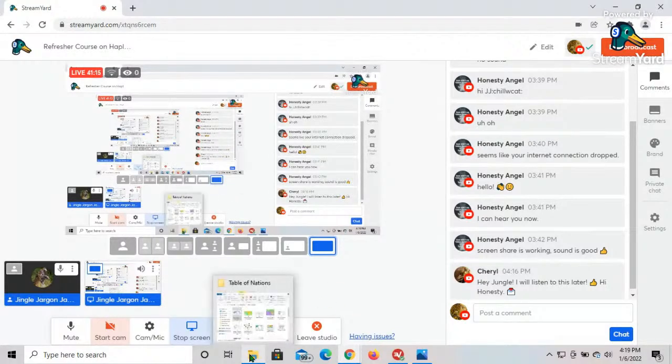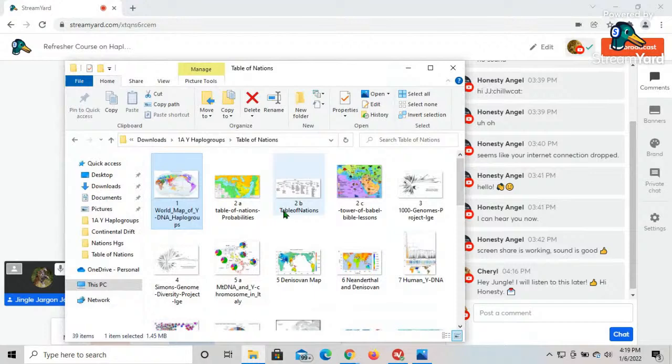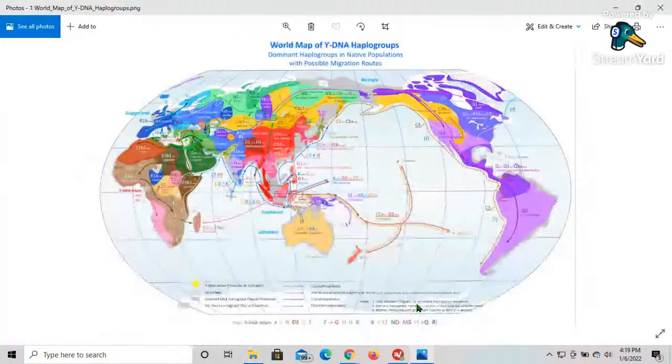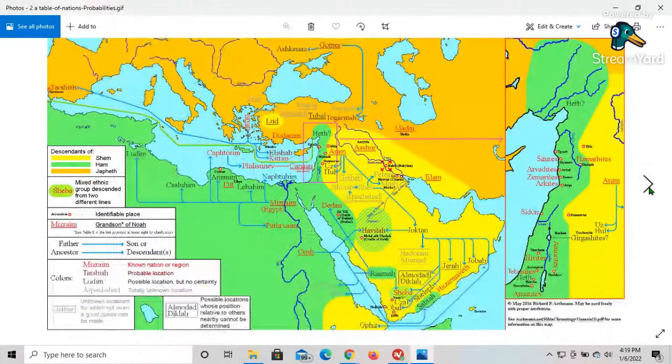Now let's look at some of these other maps here. So let me see, what do we got here? I'll just go to this one, see if this works. Yes, I got the next map here. Okay. This is a very good map here.